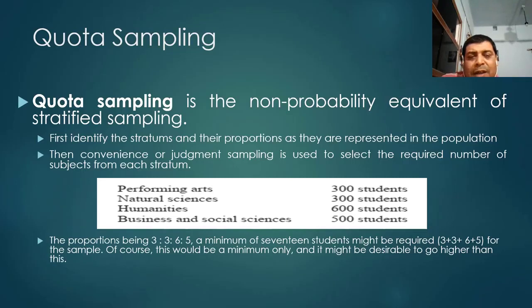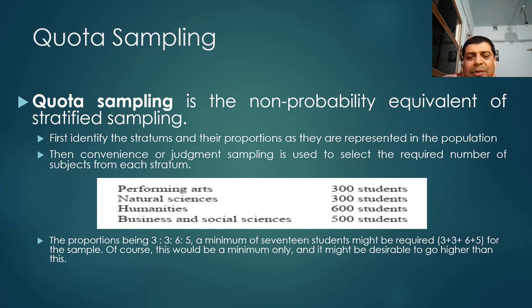First I will identify graduate students, postgraduate students or secondary school students. That will be our strata, and then we will go with judgment sampling. So quota sampling is a mixture: first we decide the level on which we want to do the study, and then finally we go according to our convenience or judgment.